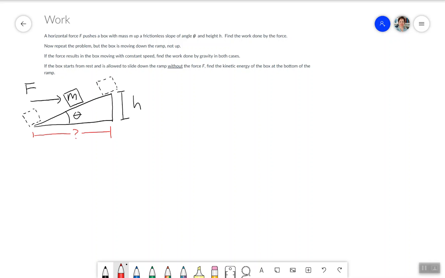So I notice that tangent of theta is equal to h over that thing that I want. Let's just call it question mark, actually. That's fine. And so that means that the length that I want is h times cotangent theta.